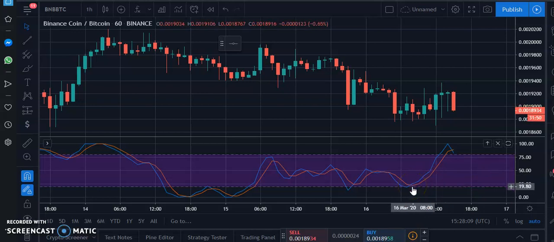Either below or around 25 is a good time for you to enter the market. Paying particular attention, take cognizance of both the red and the blue lines. If the blue line is about to cross the red line and the market is oversold, it is time for you to enter.